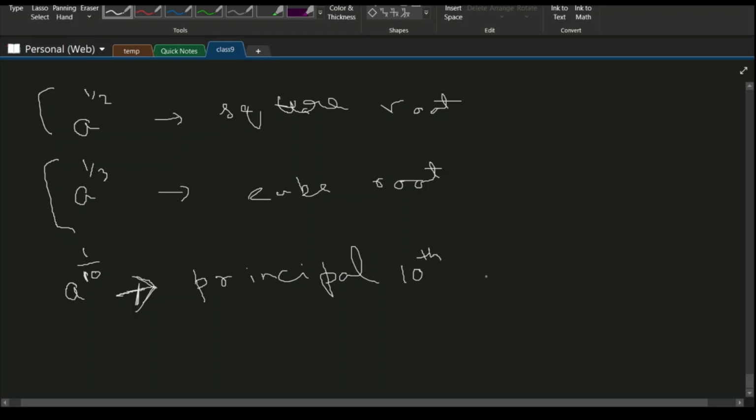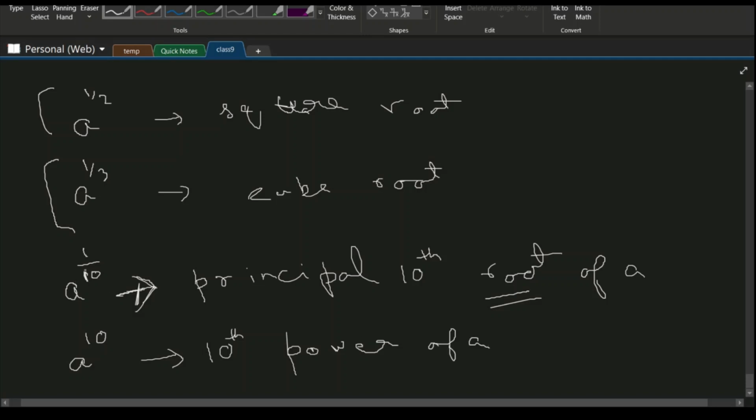We have to pay attention to this word also, 10th root of a. If this was a to the power 10, we would have called it the 10th power of a, with no word principal here. But when the power is 1 by 10, we call it principal 10th root of a.